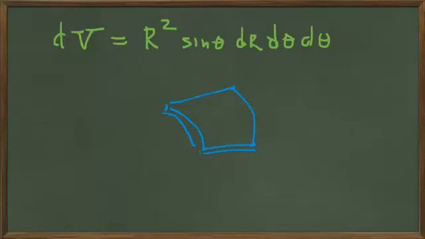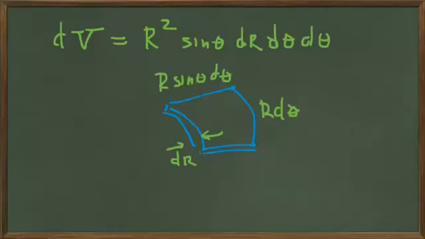If we label the sides of this volume slice, this side is going to be r sine theta d phi. This side over here is going to be r d theta, which looks just like it did in polar coordinates. And then the thickness here is going to be dr. So that part's not hard to see. This one you have to do some pretty complex geometry in 3-space to see it.